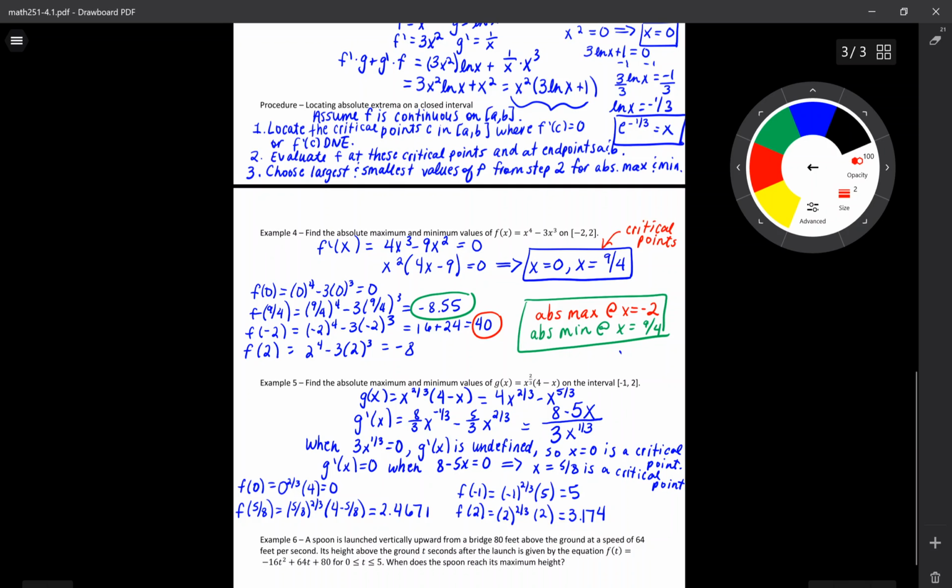So my biggest value here is 5. My smallest one is 0. That means that I have a local max at x equals negative 1 and a local min at x equals 0.